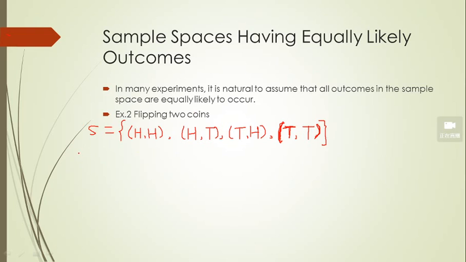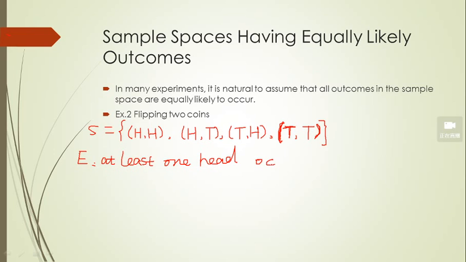Let's work out one event. For example, we define the event E: at least one head occurs. We have seen the phrase "at least" a lot of times, right?